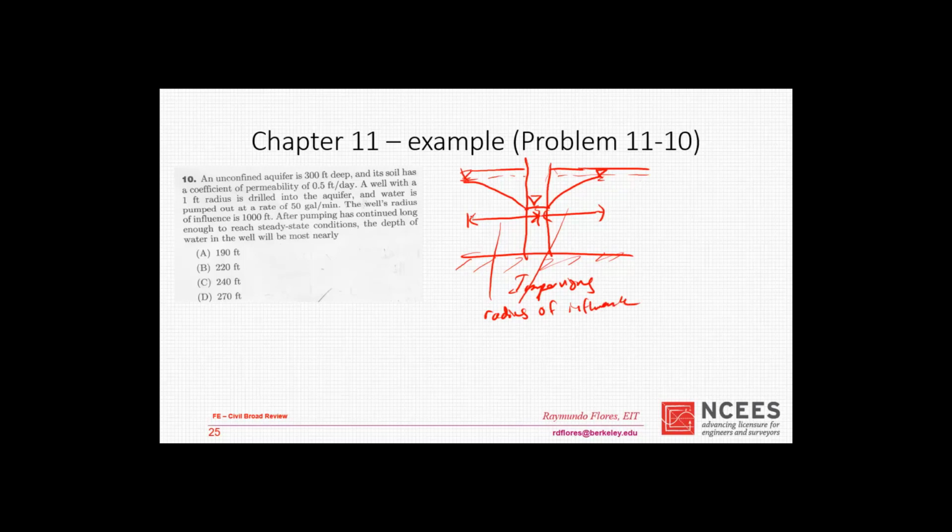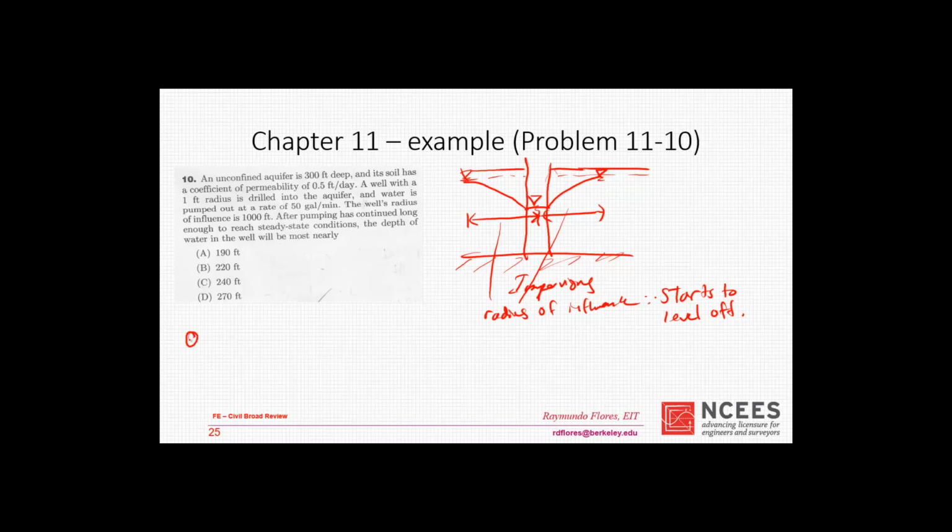If we were to use a gigantic R value, that wouldn't be correct, although it's conceptually consistent in the sense that we are taking infinity, but what you have to understand is that our head tapers off, so there's no difference in head as you go more and more. So the radius of influence is when it starts to level off. And that's important because if you use a bigger value than that, you're going to get a gigantic number and it's just not going to be right.